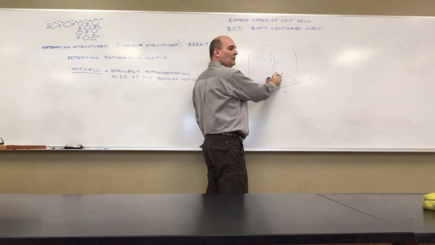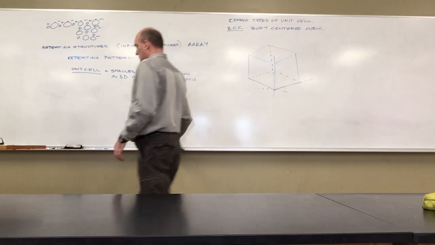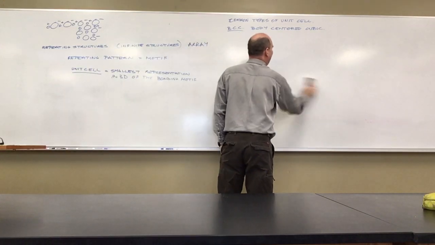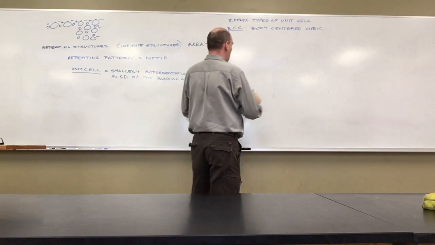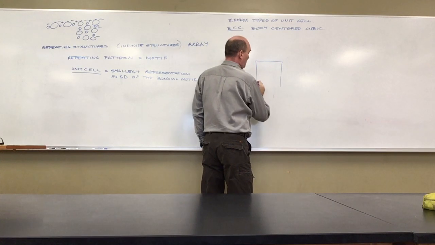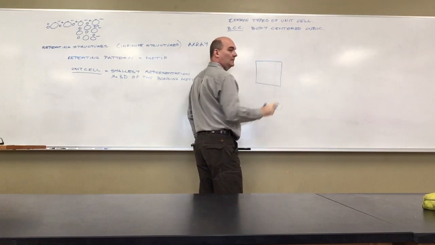This is not the representation that we use most of the time. The one that we use most of the time is this one. You start with a square, and that square has a horizon and a vertical.